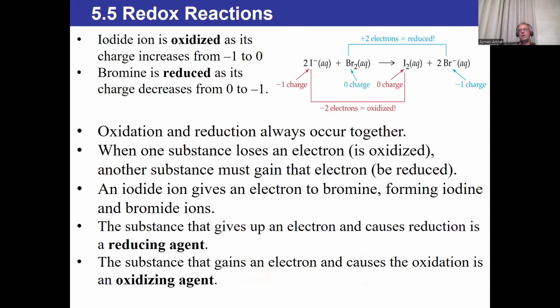The same thing: 2I minus reacts with Br2 aqueous. The result is iodine, I2 aqueous, plus 2Br minus.